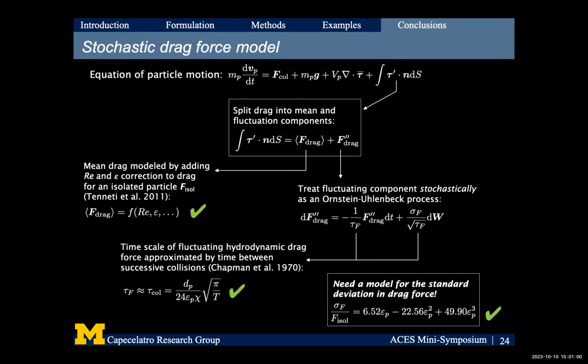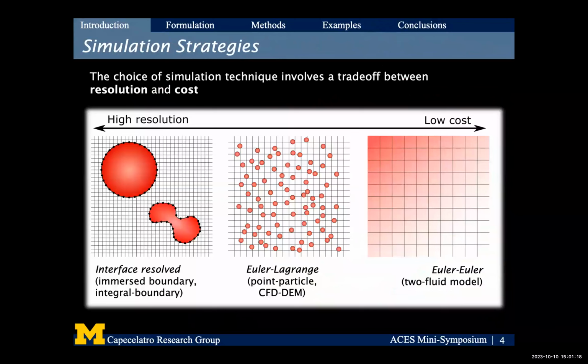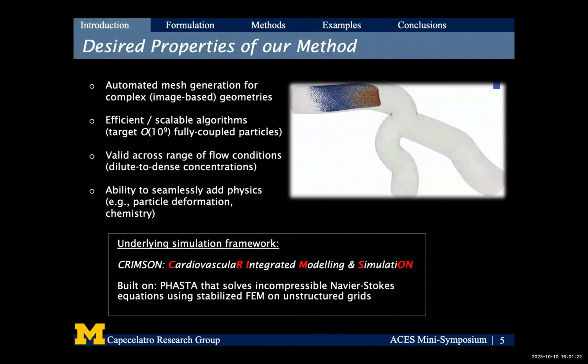This seems very similar to work presented on blood flow simulations by Amanda Randles. I was wondering if there's a workflow behind this in order to get patient specific predictions. Yeah, great question. So the workflow behind this is in this framework, Crimson.